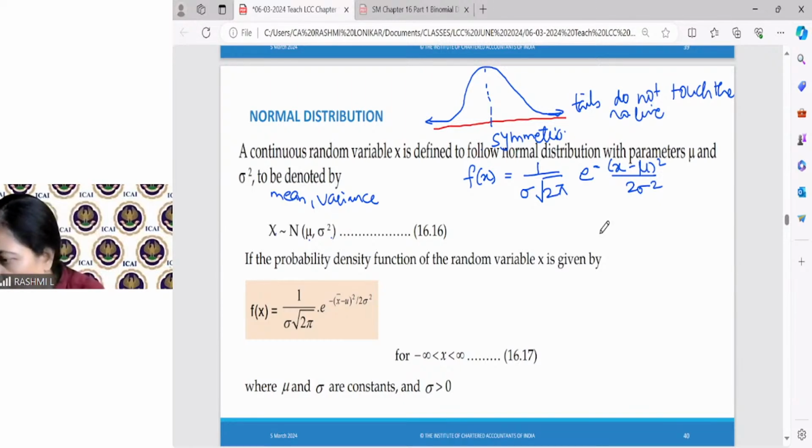Now, the important thing is x is lying between minus infinity to plus infinity.